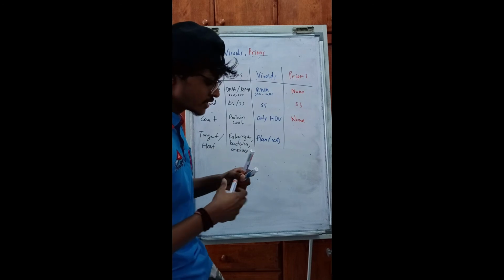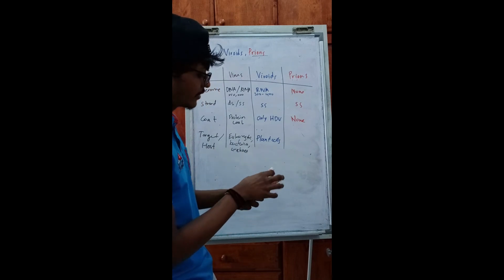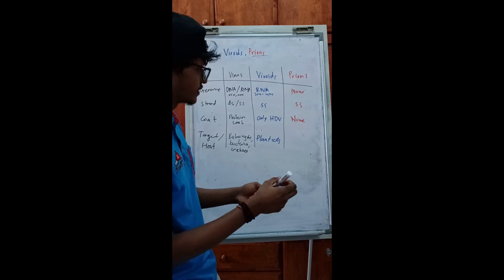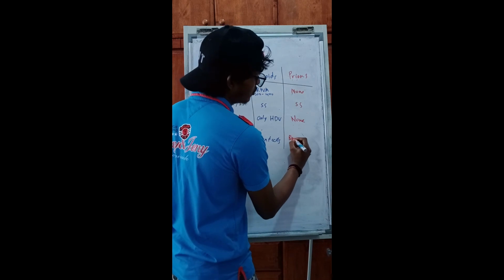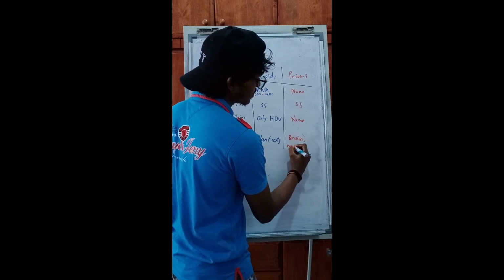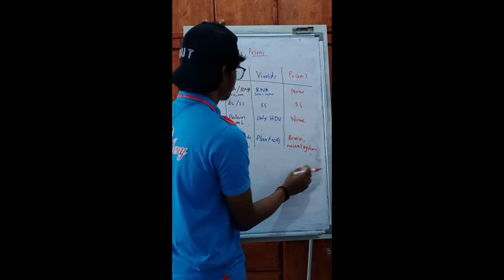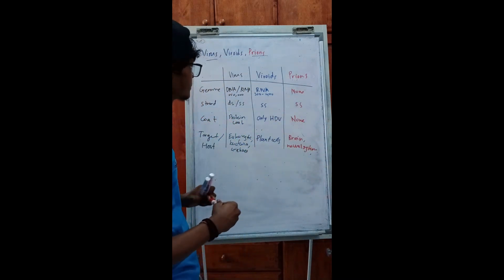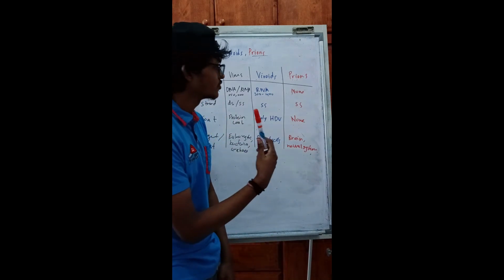And how about prions? We do not basically have a host for that, but we can tell the system or organs for prions. It's the brain, the neural system. So this is the target for prions. So this is basically the differences between virus, viroids, and also prions.